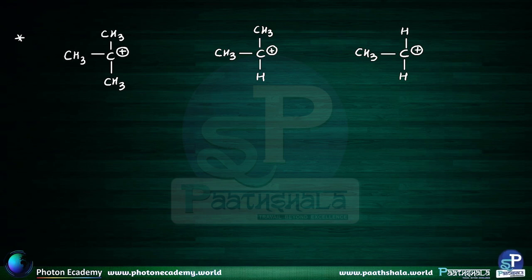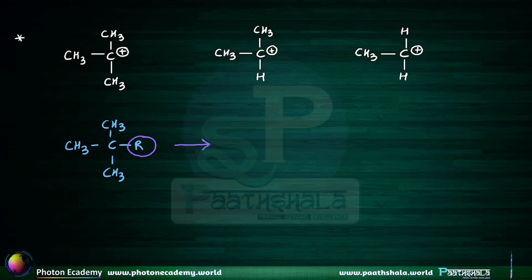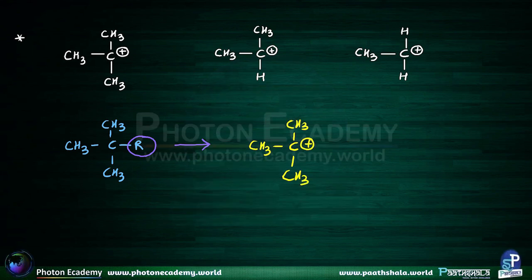So if I make a little change and say that in the previous example I had this, and what I'm going to do is remove this R, I'll get CH3, C, CH3 and a positive charge here. So this is what I'm going to do in this question now.